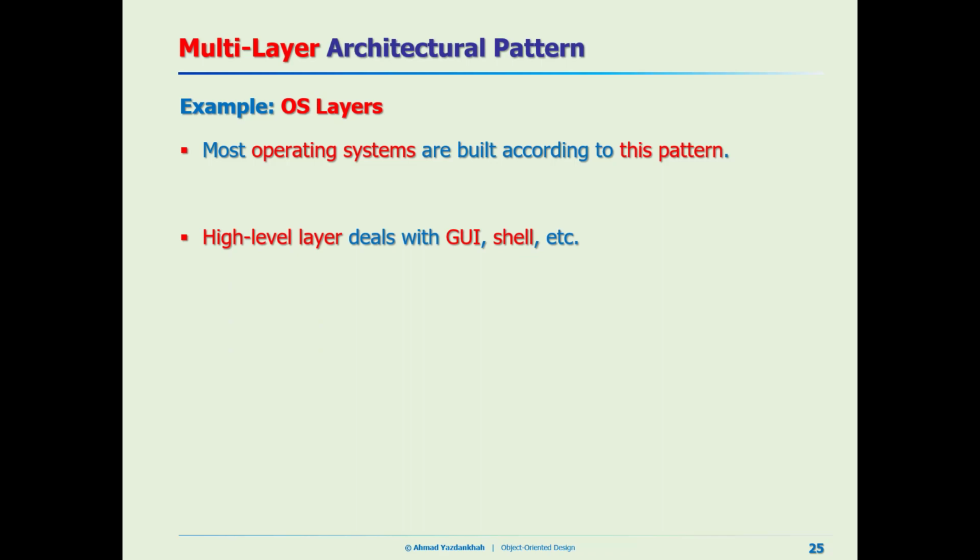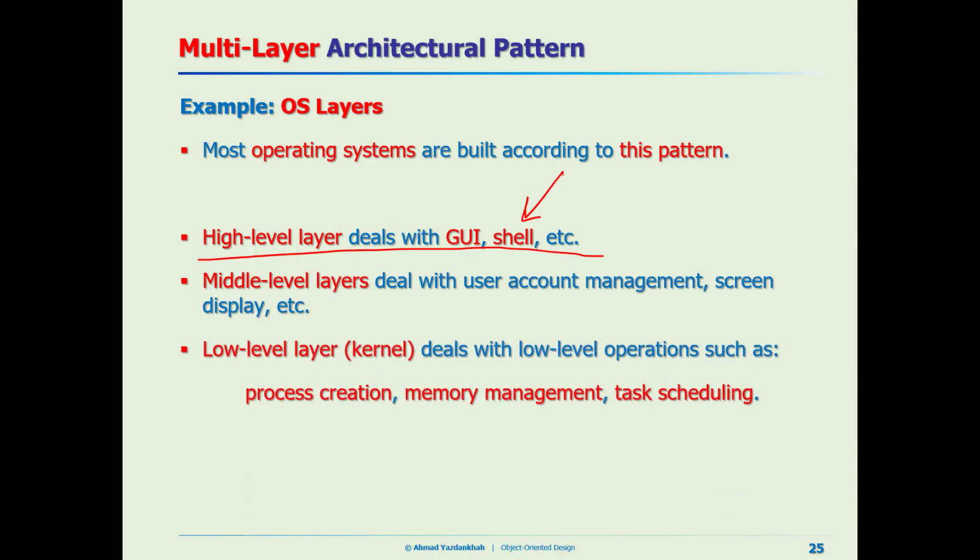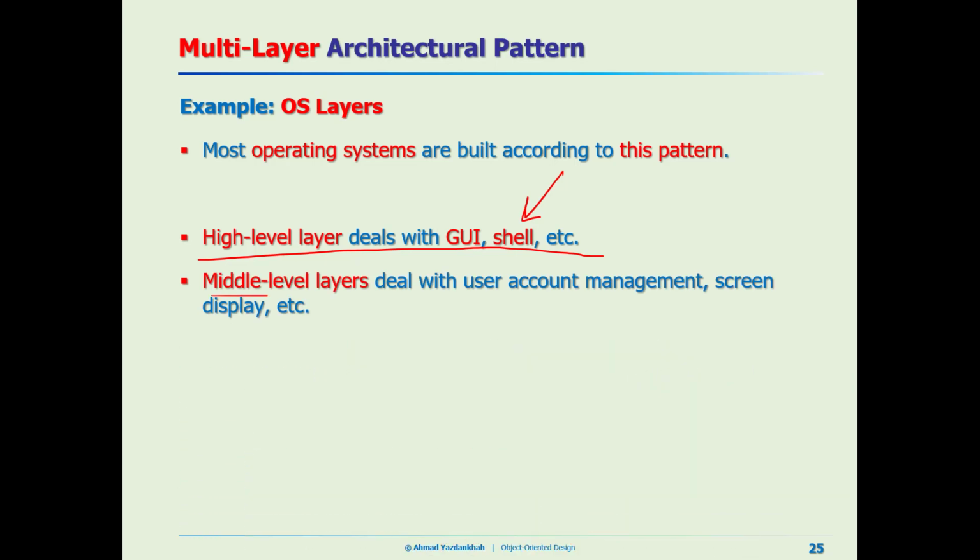At the higher level, we have the GUI or shells, right? And in the middle layer, we have all of the controller things, for example user account management and screen display, right?